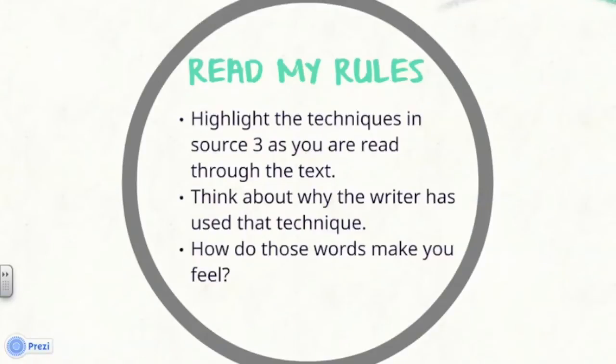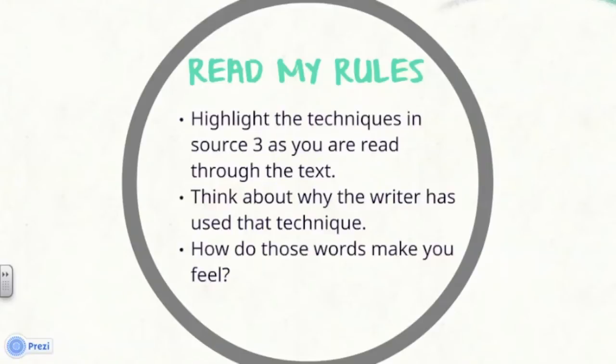So what I would do is, when you get your sources, as I've said in my previous lessons, read through the questions first, see what they're asking you, then have a look at the sources. Source 3 is the one that you are going to be analysing for question 3 on the exam.